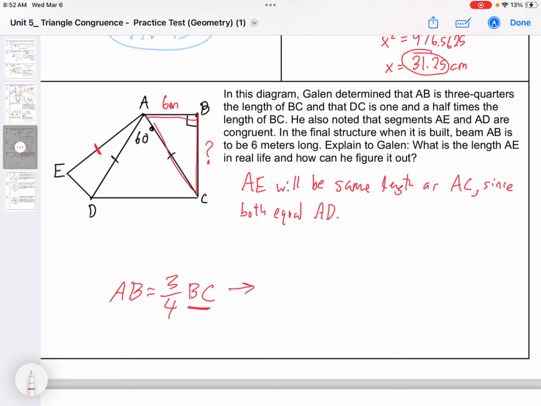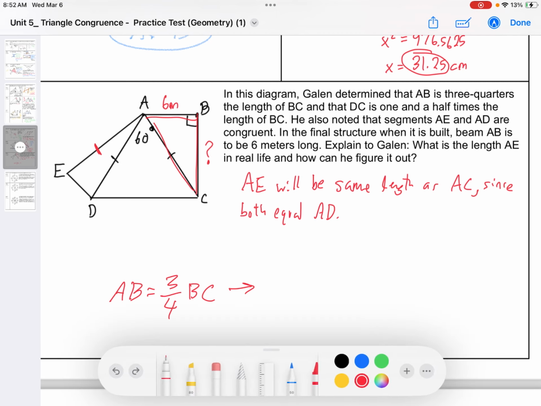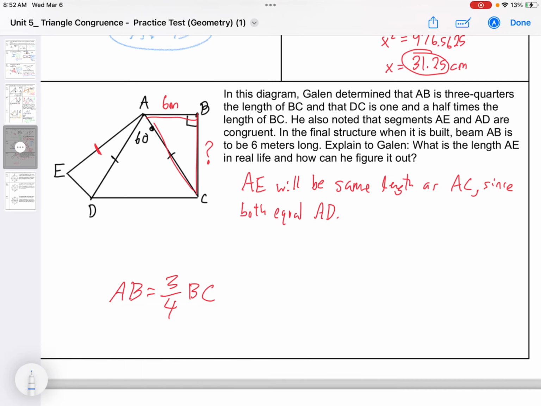If I want to find BC, what I could do is take both sides of the equation and multiply them both by 4/3. Why 4/3? Because 4/3 will cancel out 3/4 when I multiply them.